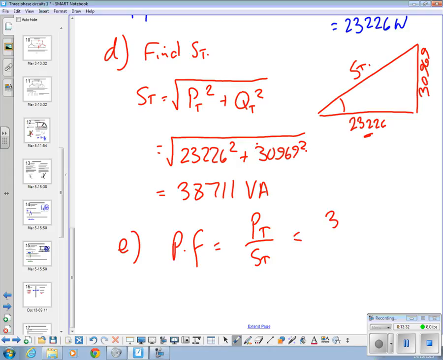That is 23226 over 38,000-odd equals. And that has to be a ratio which is unitless because these two things are essentially the same units. They're both volt amps. Power is volt amps as well. We just give it a special name, watts.